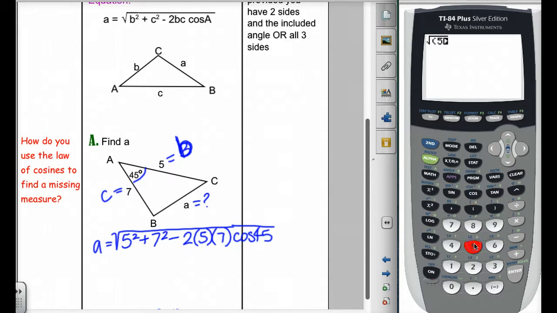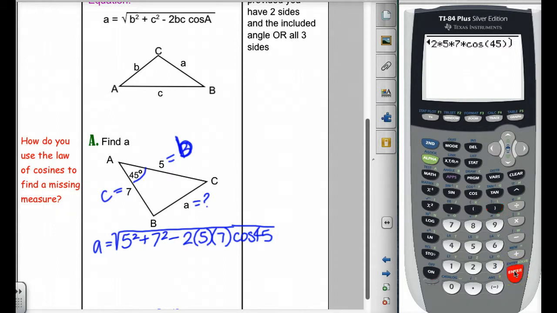So we have 5 squared plus 7 squared minus 2 times 5 times 7 times the cosine of 45 degrees, and then I'll put my parenthesis in to close that off.